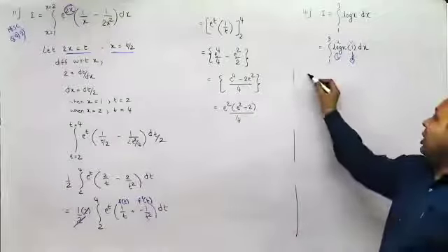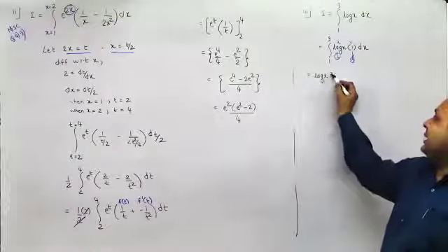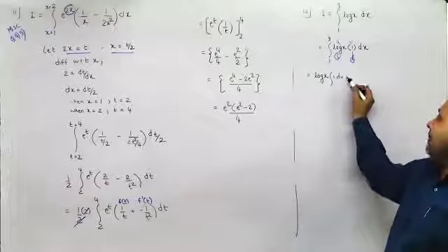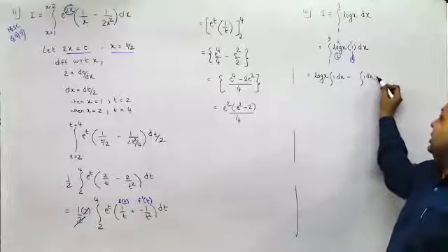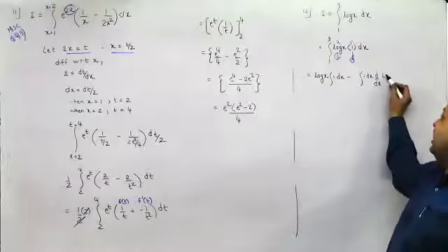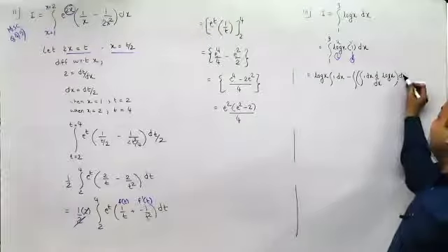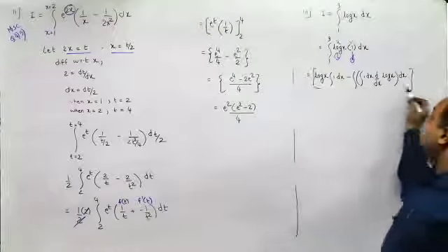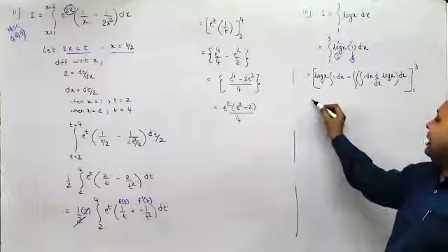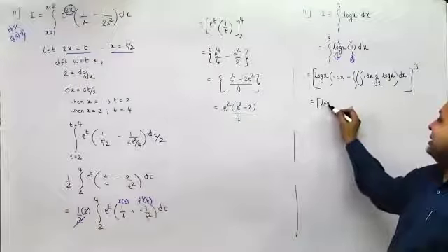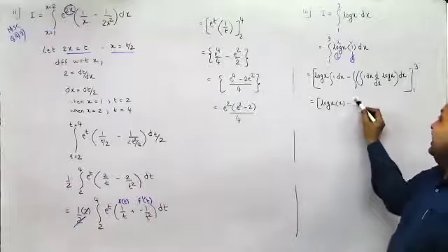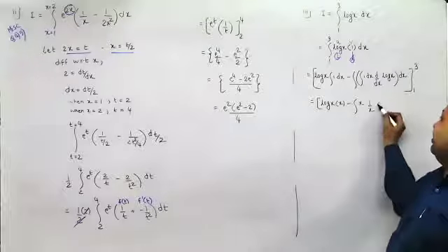Now, log x times the integration of 1, minus the integration of 1 into the derivative of log x, and then the product has to be integrated once again with respect to x between 1 and 3. Now log x, integration of 1 is x, minus integration of x into the derivative of log x, which is 1 upon x.